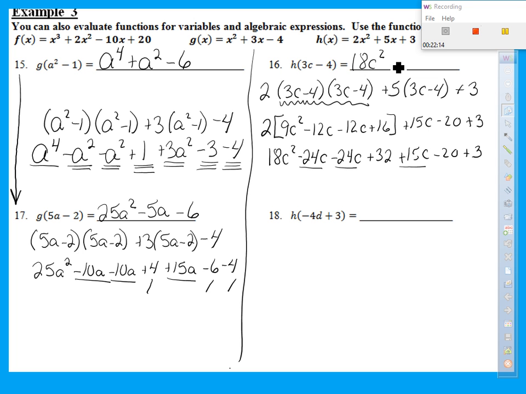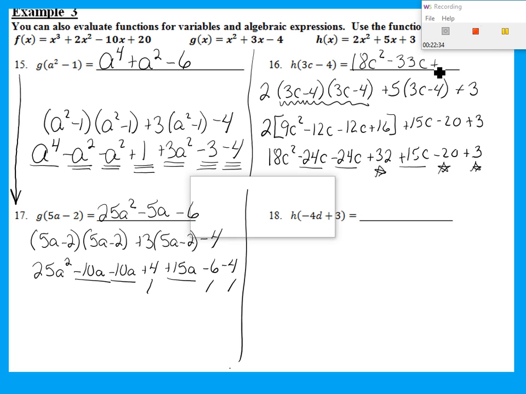And if we do that, we'll get negative 33c. And then I'm going to combine 32, negative 20, and 3. So on my calculator, I'm just going to go 32 minus 20, that's going to be 12, plus 3 is 15.